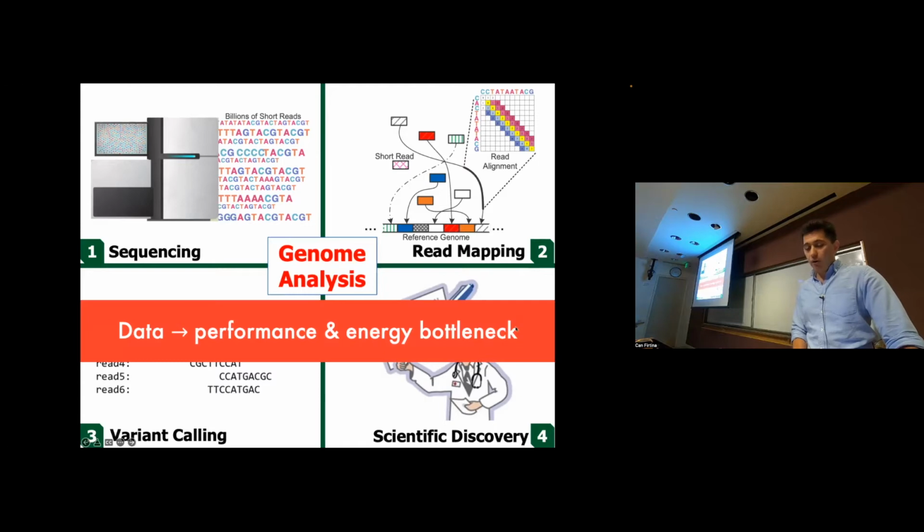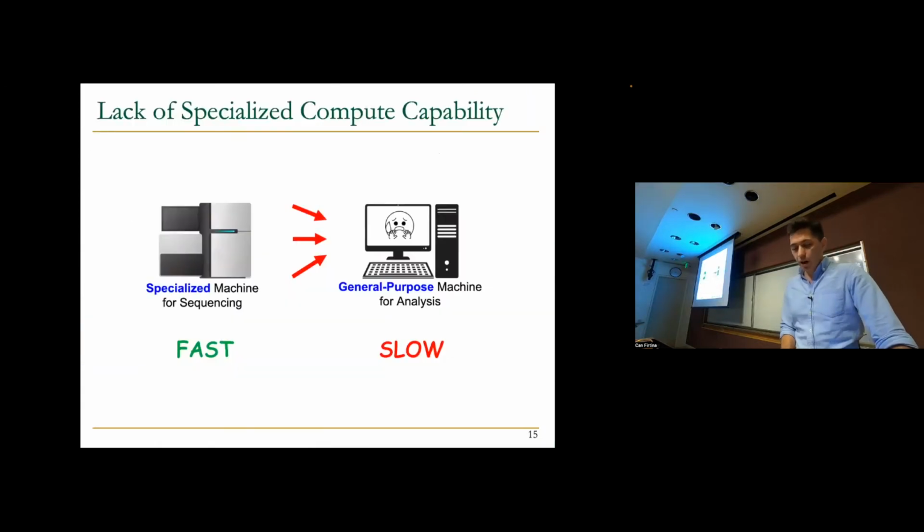However, we're really bottlenecked by how fast we can process this data today. And this is not because of the sequencing technologies where we're generating data. This is because of the software and the hardware where we're trying to analyze the data that these sequencing machines are generating.